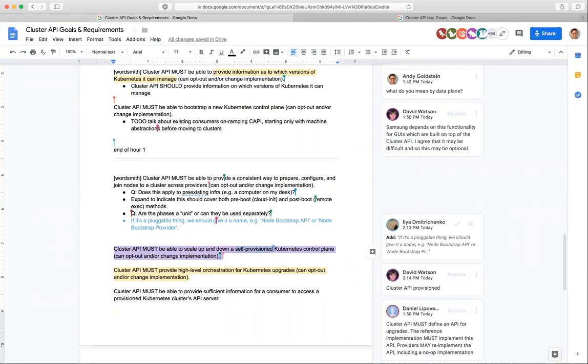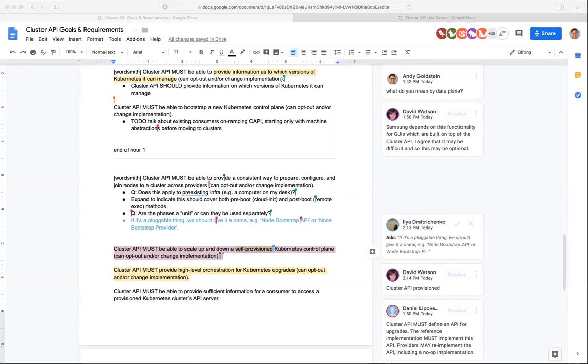I think you mean not the control plane, you mean the actual workload cluster, right? No, this one specifically around the control plane. So if you're going to go from a single control plane instance to a multi-control plane instance, encapsulating what's needed to safely scale up or scale down the control plane.